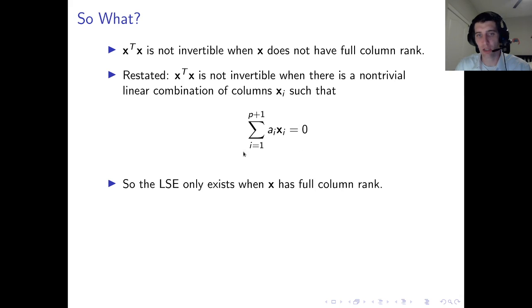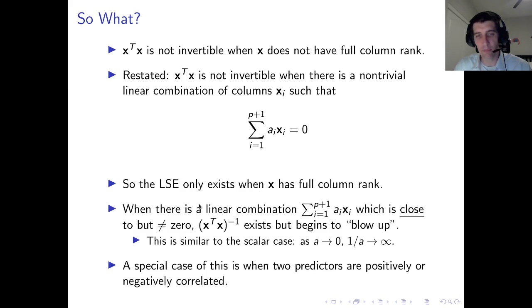Because of this, the least squares estimator only exists when X has full column rank. That's because we cannot define X transpose X inverse X transpose Y unless we can take this inverse. The design matrix, that is, has full column rank.